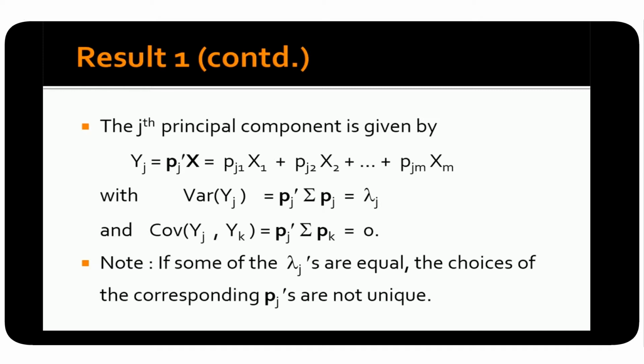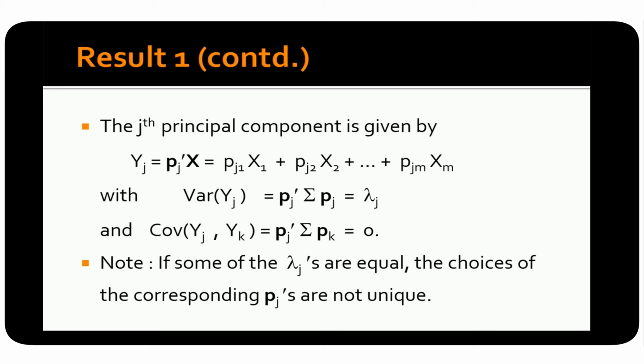The variability of yj can also be shown to be equal to lambda j, which is the eigenvalue corresponding to this eigenvector. So, as far as the jth principal component is concerned, its variance is given by the jth largest eigenvalue, and it is formed from the coefficients given by the corresponding eigenvector.